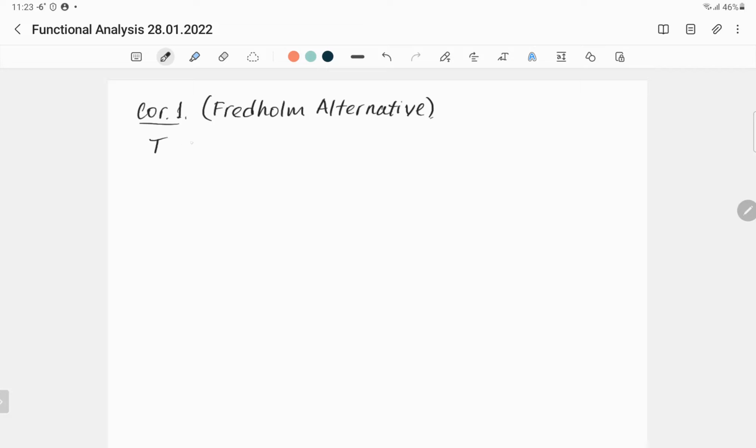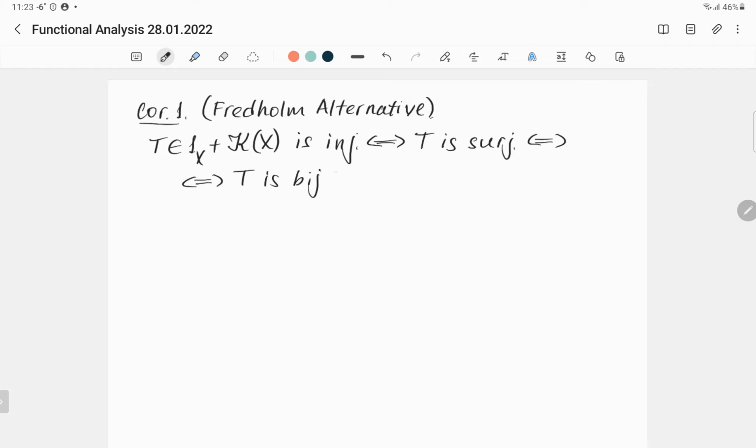If T is an operator of the same form, a compact perturbation of the identity operator, then this operator is injective if and only if it is surjective, if and only if it is bijective. And this is immediate from the fact that this operator is a Fredholm operator of index 0. So the kernel is trivial if and only if the co-kernel is trivial.